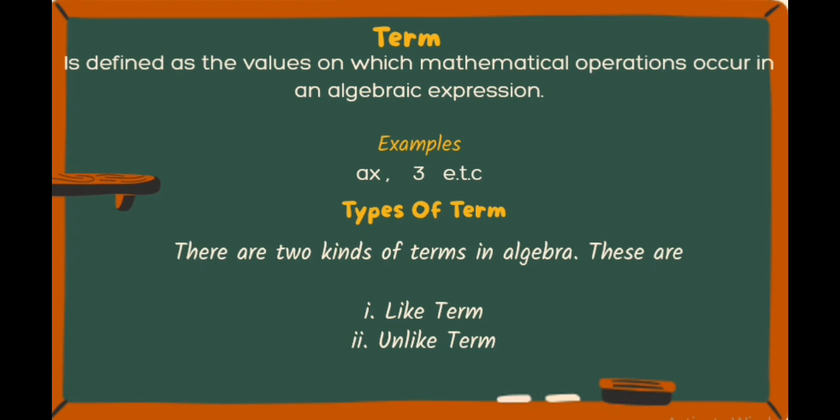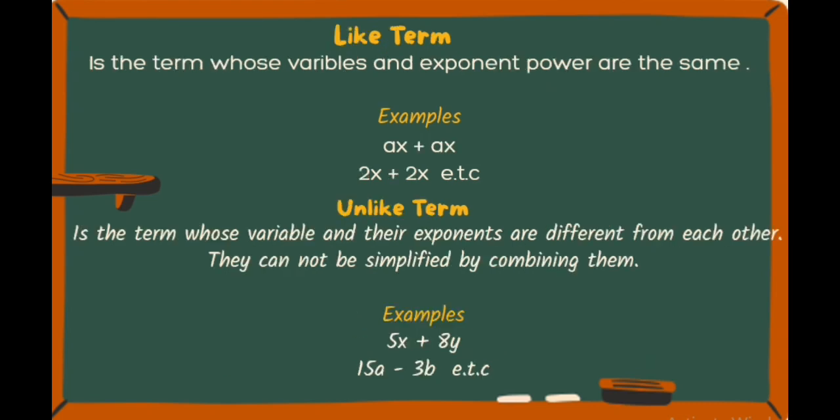Types of terms. There are two kinds of terms in algebra, and these are like terms and unlike terms. Like terms are those terms whose variables and exponent powers are the same. For instance, ax plus ax, that is like terms.